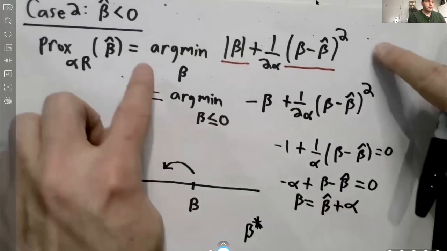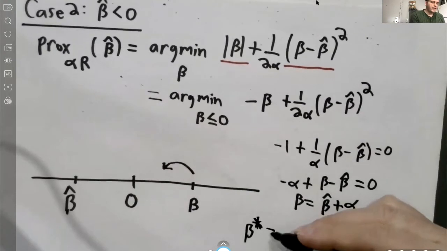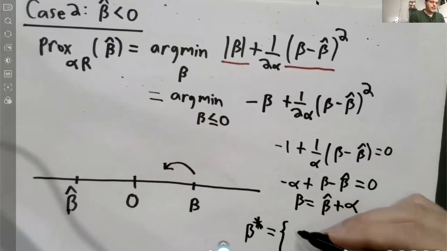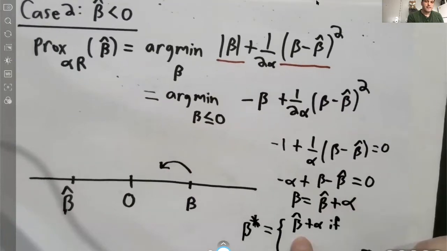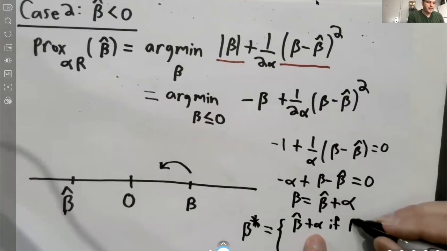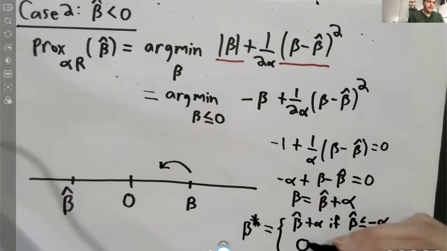the minimizer for this optimization problem is going to be either beta hat plus alpha if beta hat plus alpha is already negative, in other words, if beta hat is less than or equal to minus alpha, and otherwise the best choice of beta is just going to be 0.